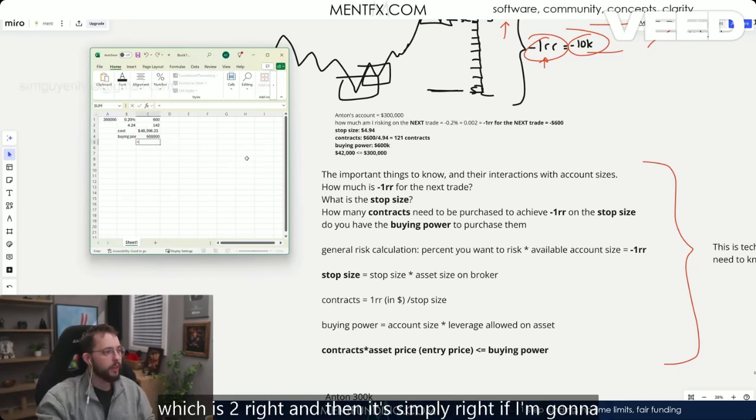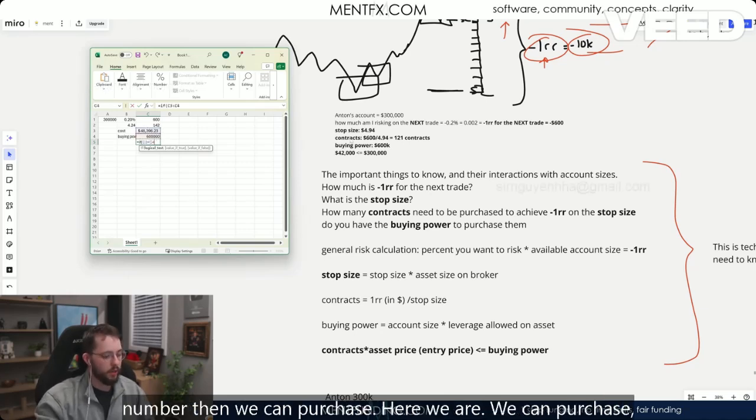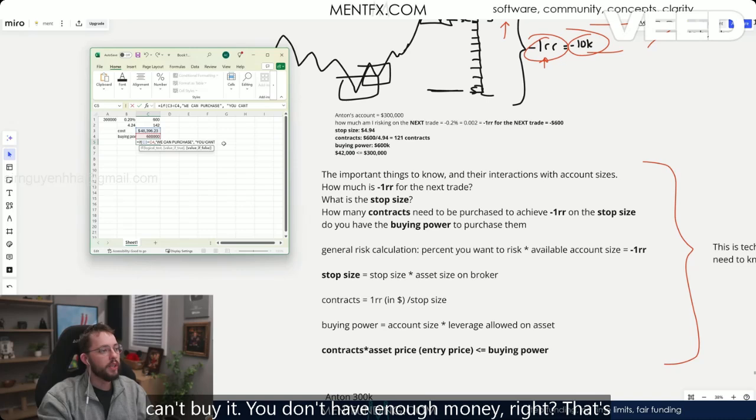And then simply, we can write an if statement: if this number is less than this number, then we can purchase. Here we are. We can purchase. Otherwise, you can't buy it. You don't have enough money.